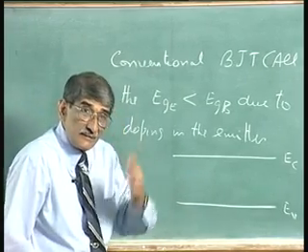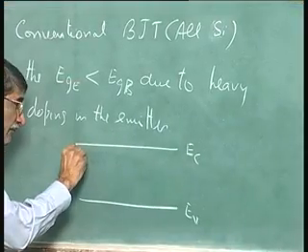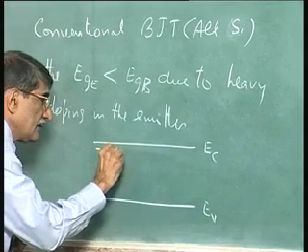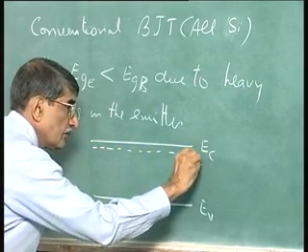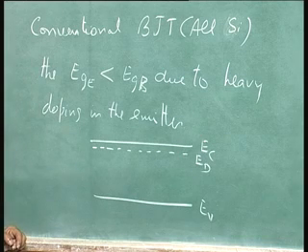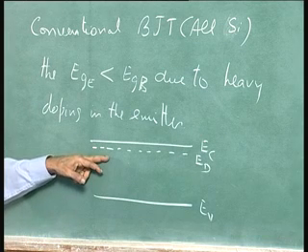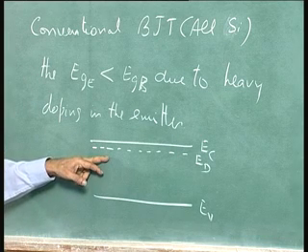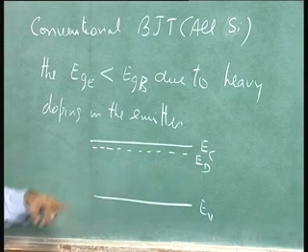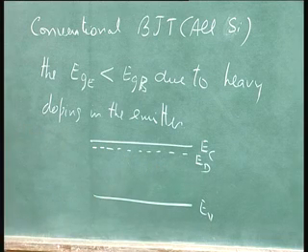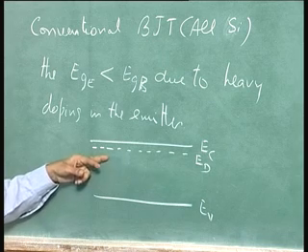The reason is this: if you have a material which is rather lightly doped, you represent the donor level like this. You do not represent it as a continuous level. You represent it by dotted lines like this. It does not imply it is negative.